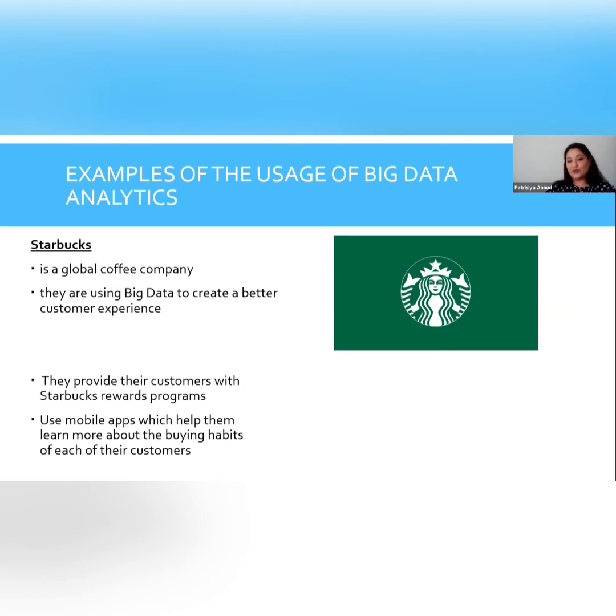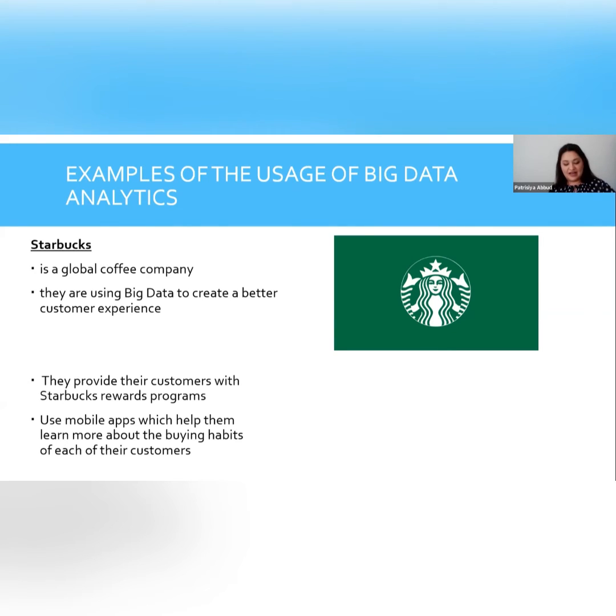Starbucks is also using big data to create a better customer experience, and of course, a better customer experience leads to an increase in revenue. So how do they collect data? They provide their customers with Starbucks rewards programs, and they also use mobile apps to learn about the buying habits of each of their customers.